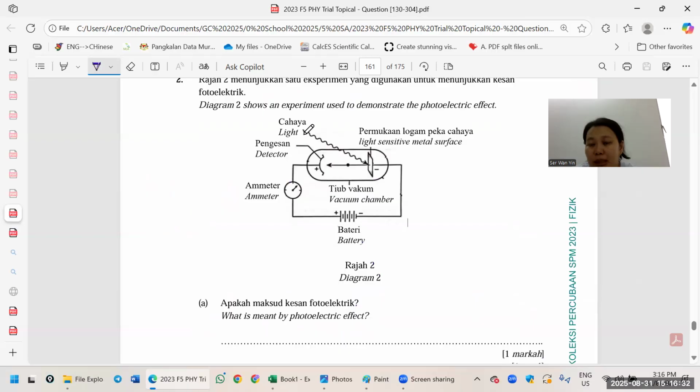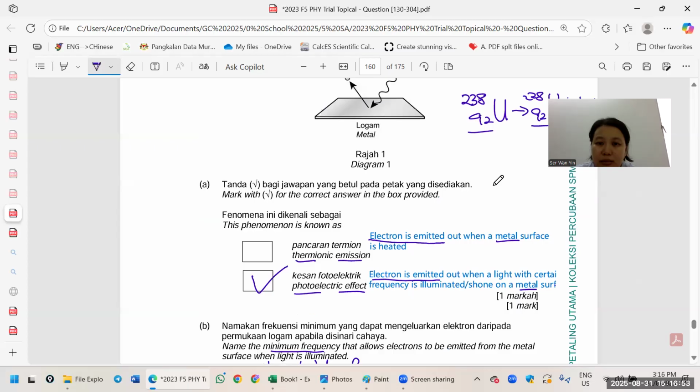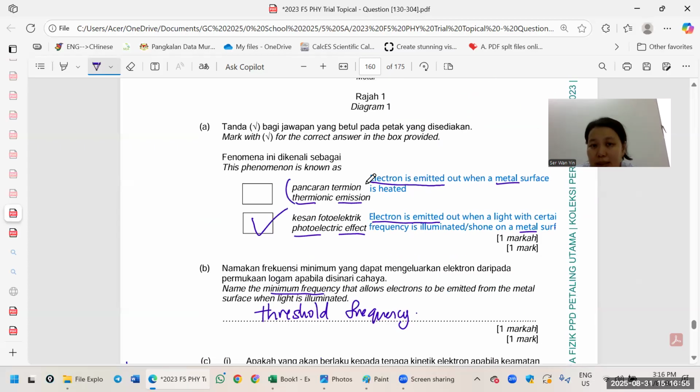Now this is the same thing, photoelectric effect. So why we got photoelectric effect? Because got light. So means the electron will travel inside. When electron flows inside, means it will produce current. Current also flows. Oh yeah, by the way, just now, thermionic emission, this one also need to study CRO.